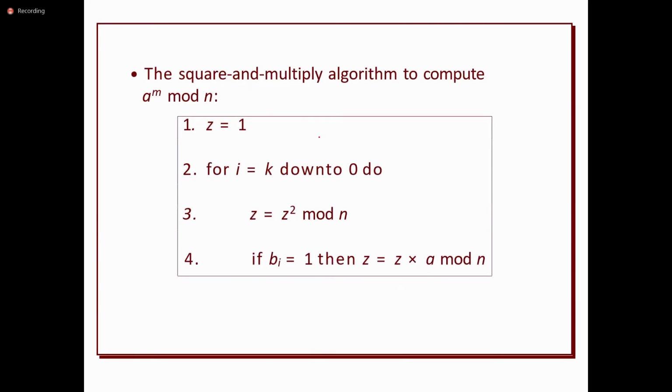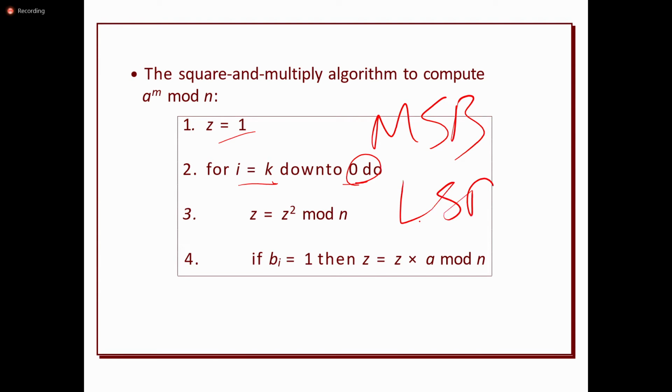So here is how the square and multiply algorithm works. There is some variable, say g equals 1, for k from the most significant bit to the least significant bit.